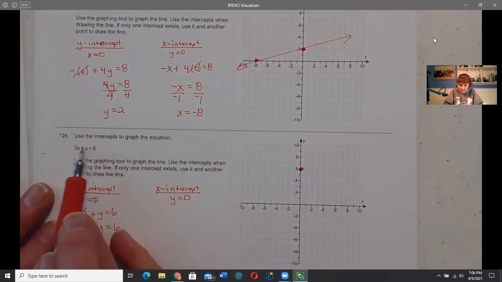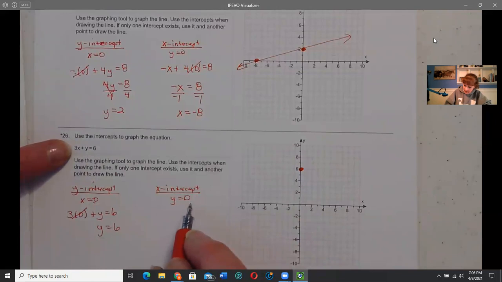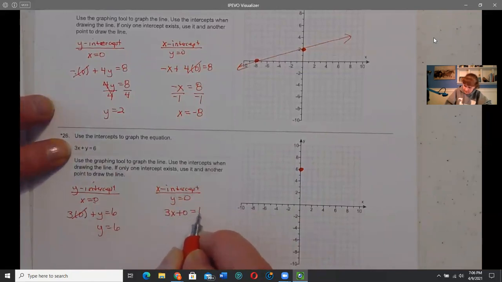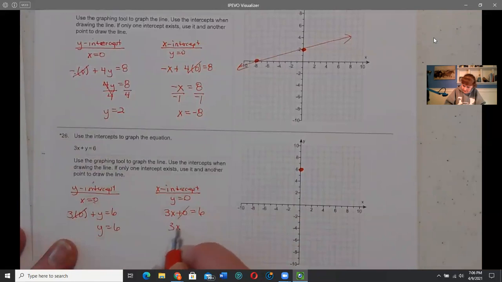To find the x-intercept, now again, I'm using this method because I should back up. You can take 6 divided by 3 and get a whole number, and 6 divided by 1 and get a whole number. Otherwise, you don't want to use this method. Y is 0. So that's gone. I put a 0 in for the y. Divide by 3.